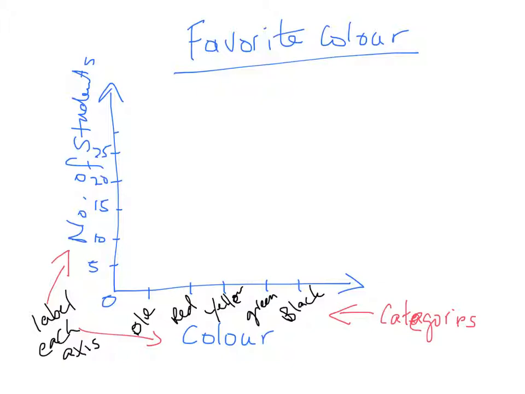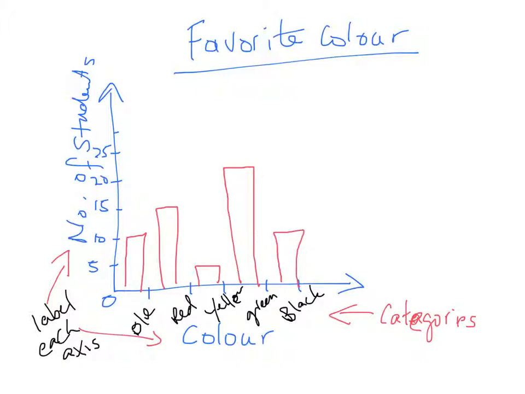So there's blue, so 10 kids like blue, red 15, yellow 5, green 23, and black 10. Okay, so a column graph looks like that.